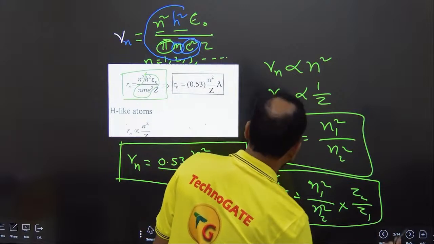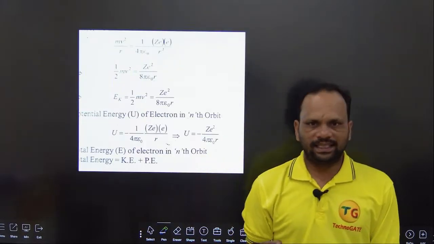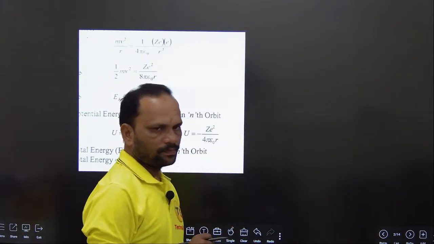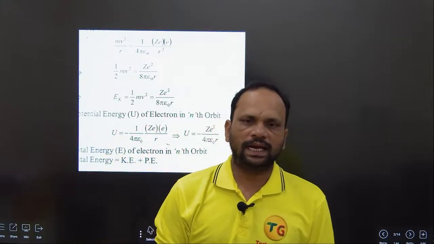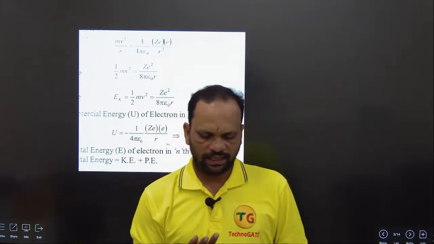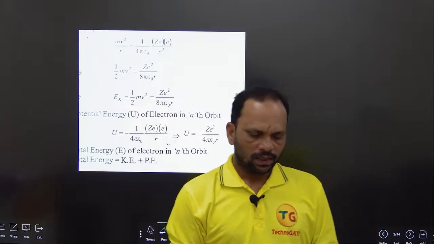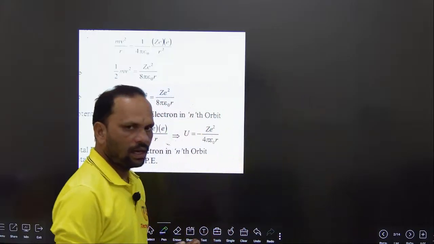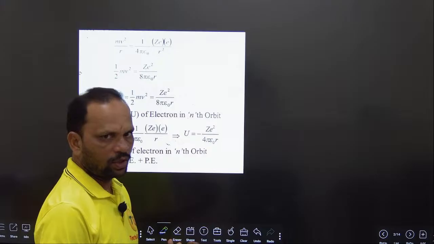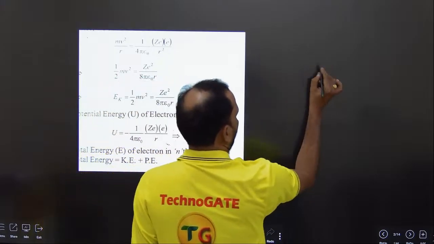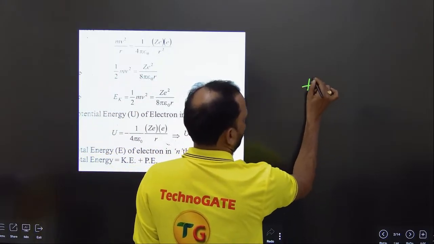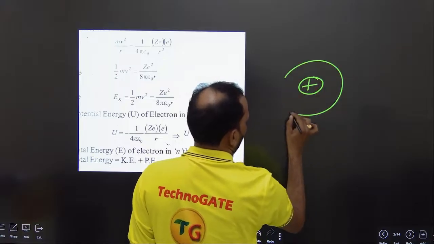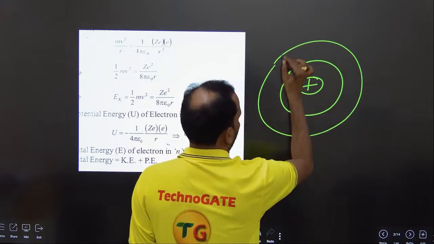Next thing is energy. There are two types, kinetic energy and potential energy, and the total energy. How much potential energy is there? How much kinetic energy is there? How much total energy is there? Whenever this is the nucleus, around the nucleus electrons are rotating.